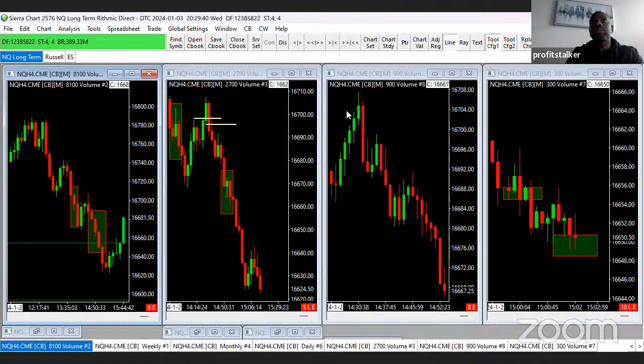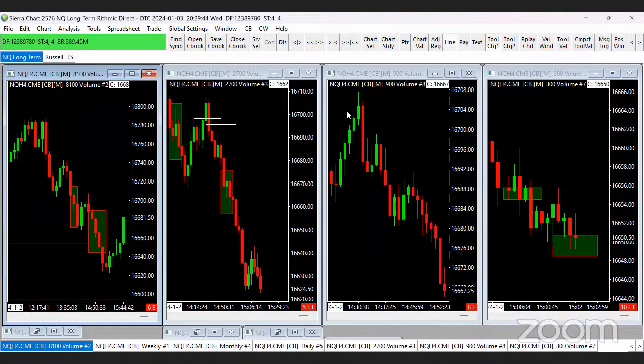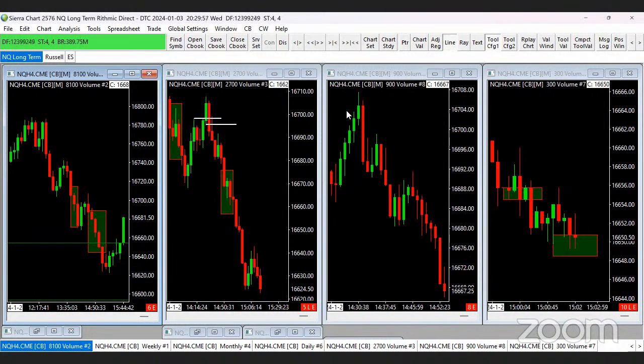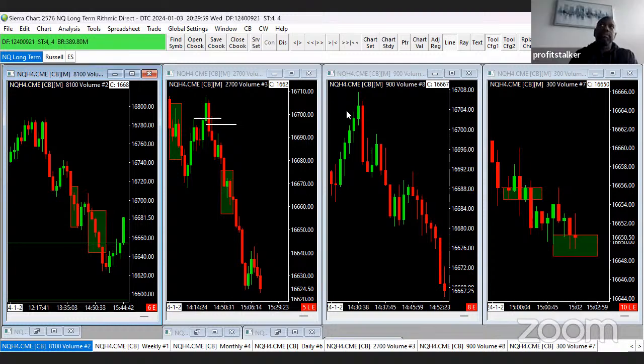Any other questions we got? And then at the end of that, we are looking for one of the reversals on the 300 chart, the lowest time frame chart, in order to get our entry point. That is correct, absolutely. Say it again, Quentin.